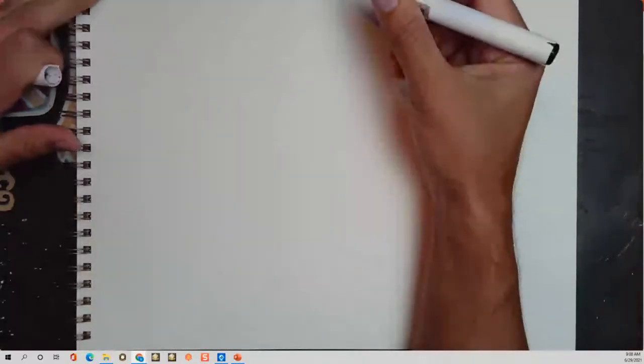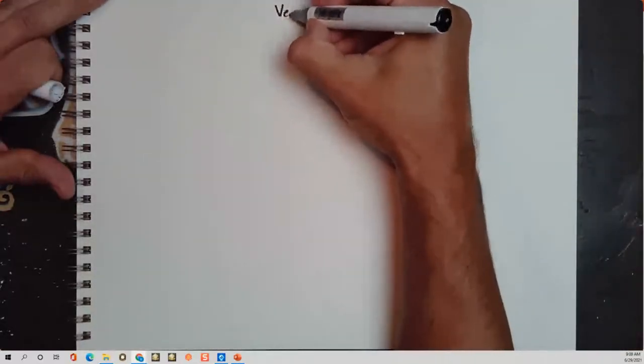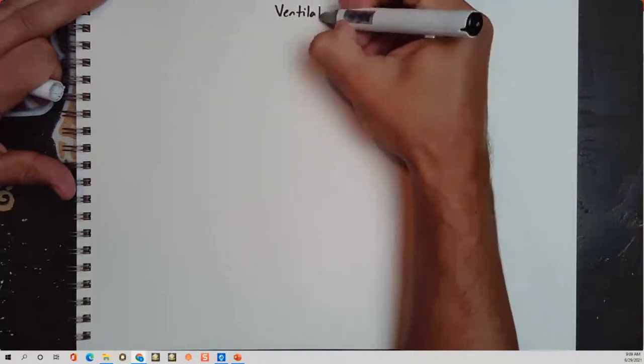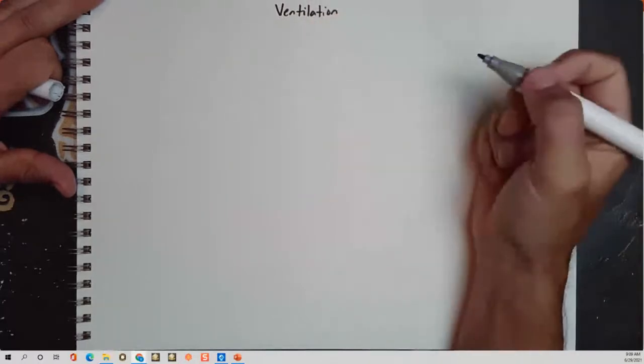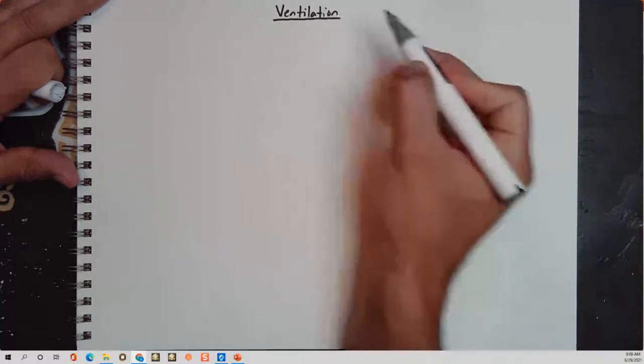Awesome. So let's get started with ventilation. Let's describe ventilation a little bit better. Ventilation can be defined as the physical act of breathing.